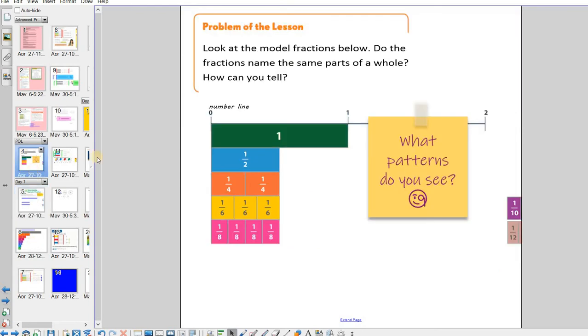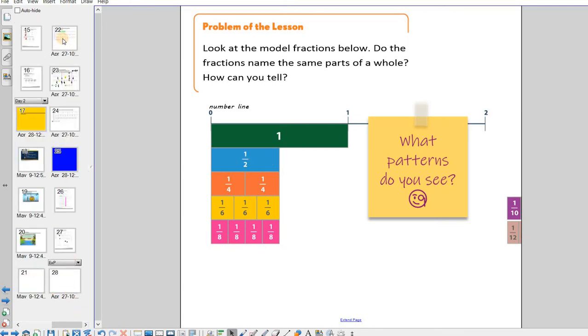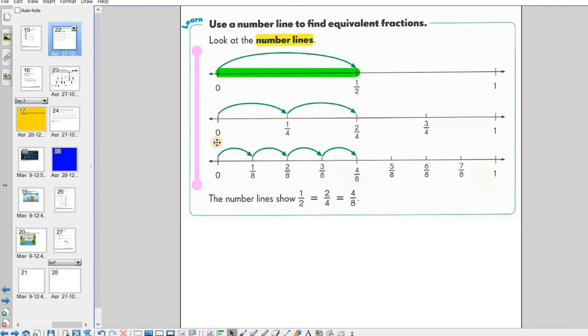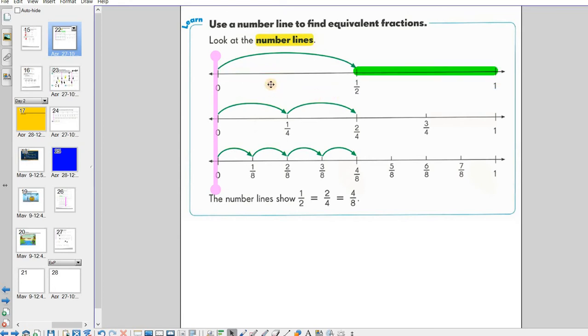We've used fraction strips to see the patterns with fractions. We've also looked at fractions on number lines. And again, we line the fractions up at a 0 point, and we compare them to a whole overall. So when I think about 1/2 of a fraction on a number line, I can see that it takes up half the distance of a whole.